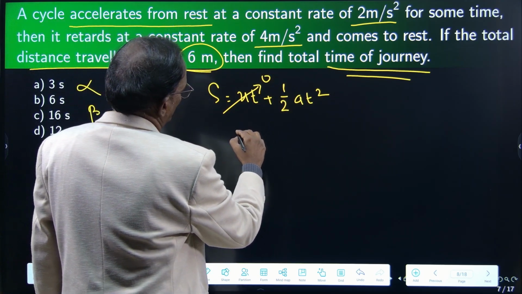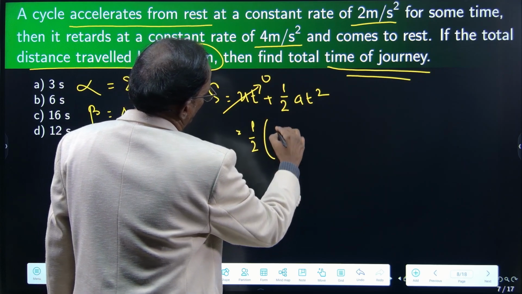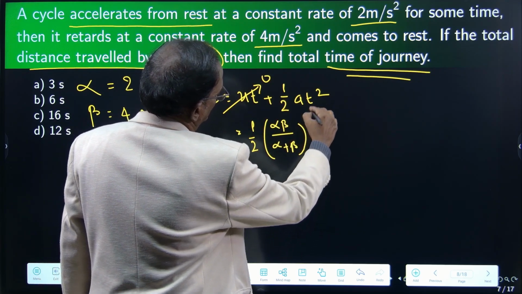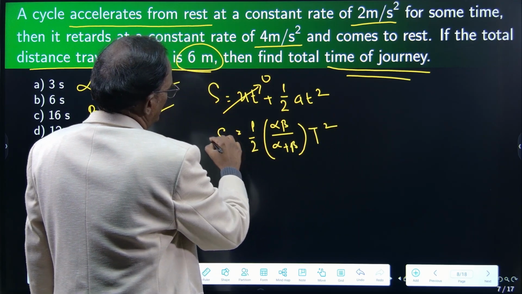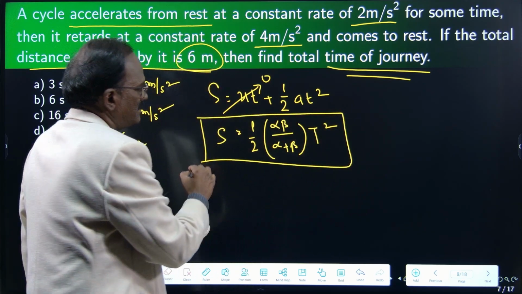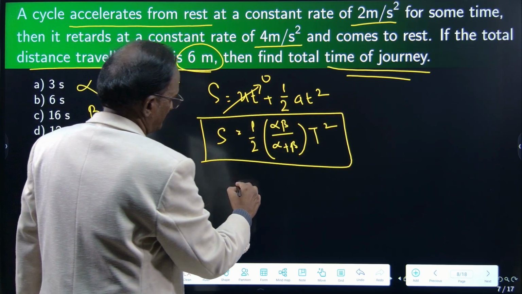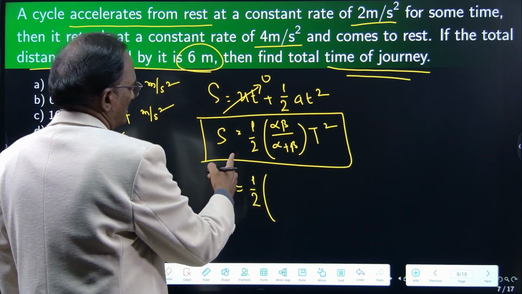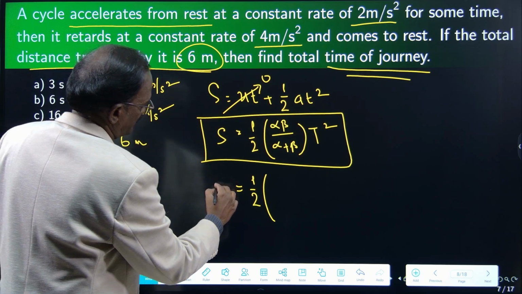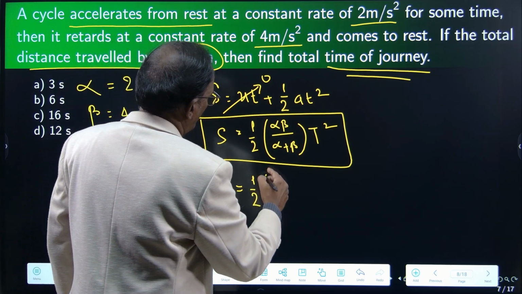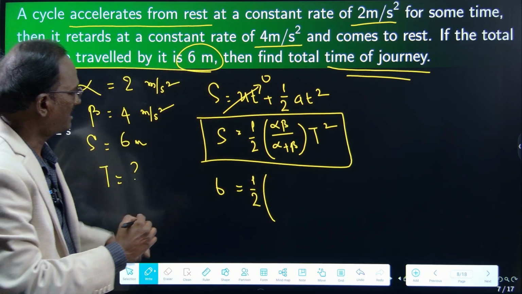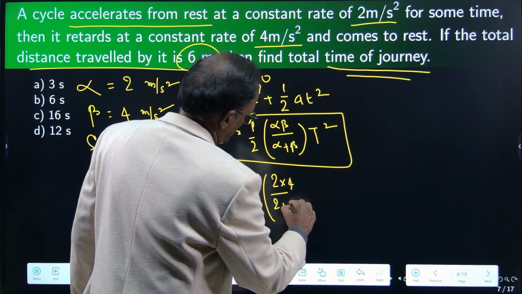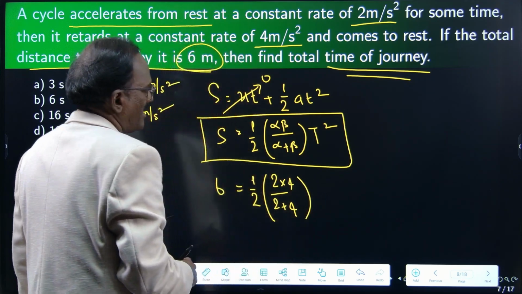So half at square, where combined acceleration is alpha beta divided by alpha plus beta. This t will be capital letter T. Yes, this formula is used here. 1 by 2, S is given. S is equal to 6 meter. So 6 is equal to 1 by 2 of alpha 2, beta 4, 2 into 4 divided by 2 plus 4, T square.